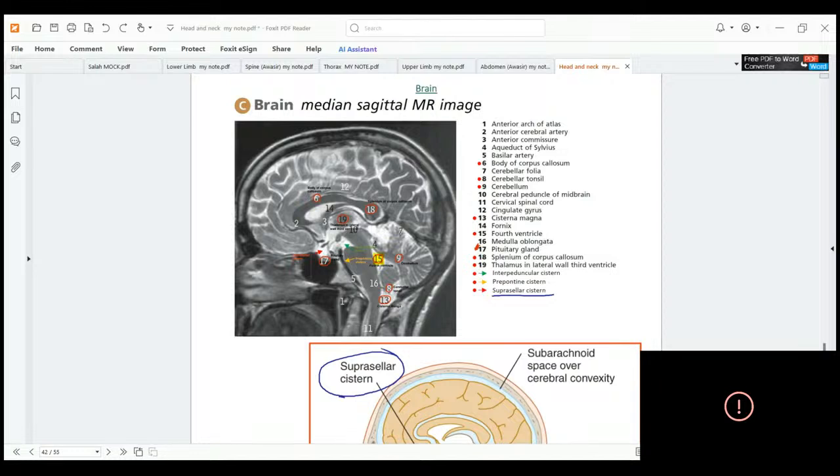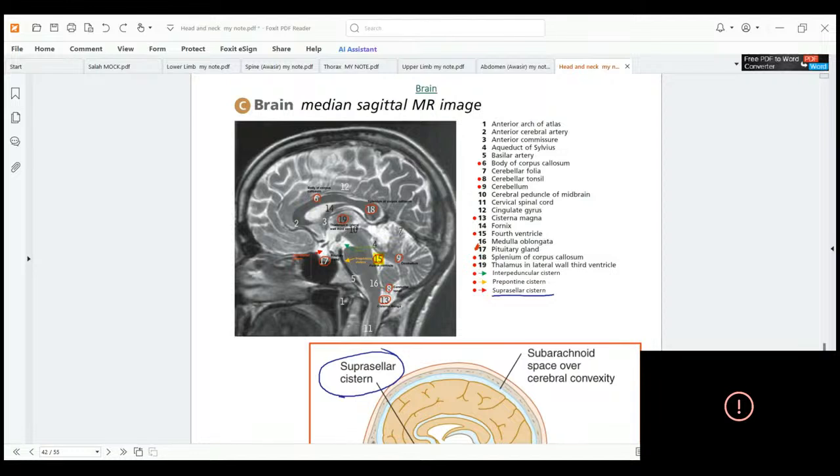So the corpus callosum actually has 2, 6 and 18. Oh no, for 2 they have written anterior cerebral artery. So 2 is the anterior cerebral artery. 6 is the body of the corpus callosum, and 18 is the splenium of the corpus callosum.